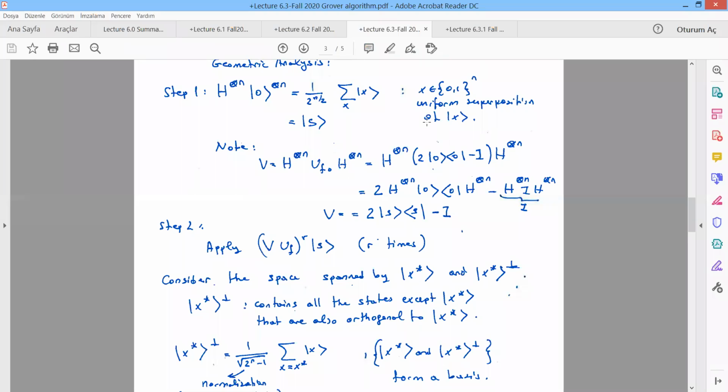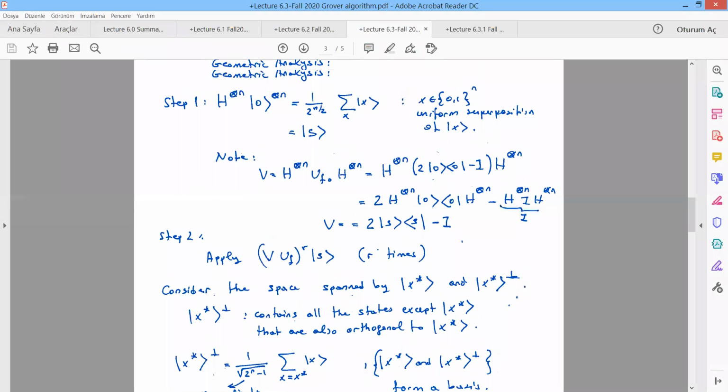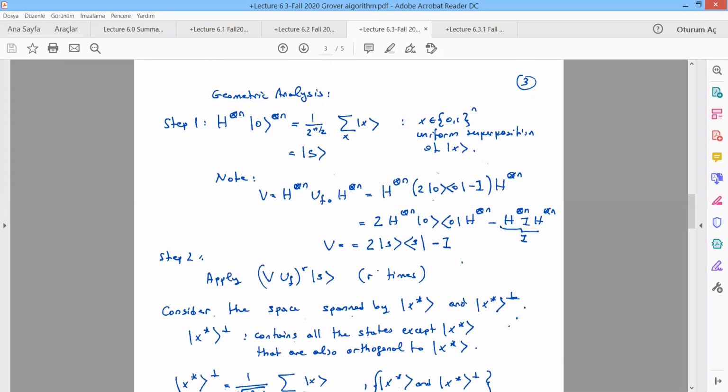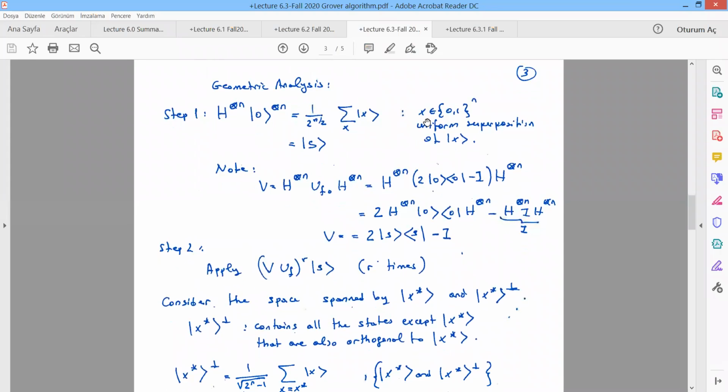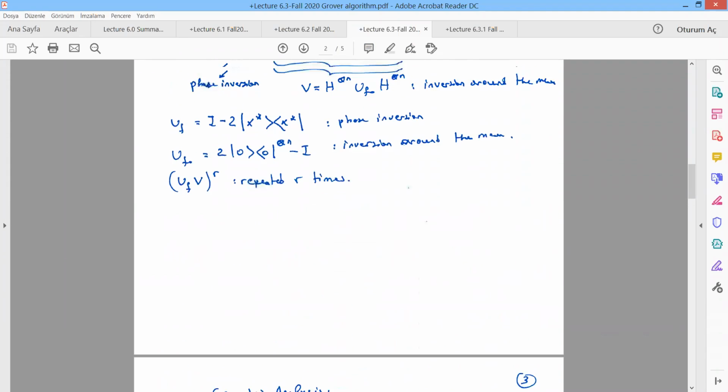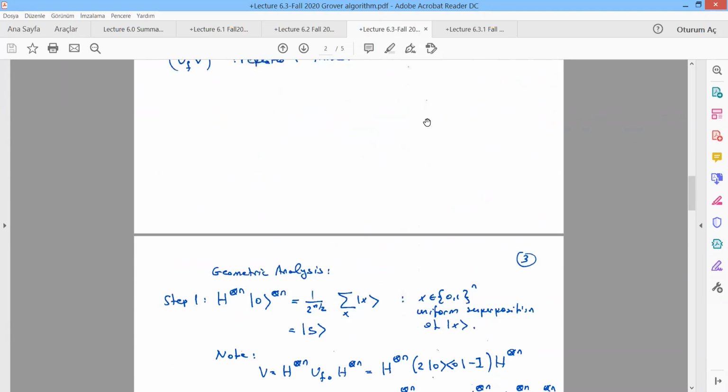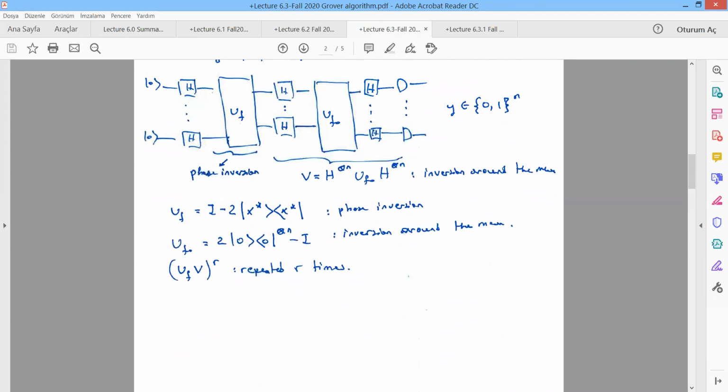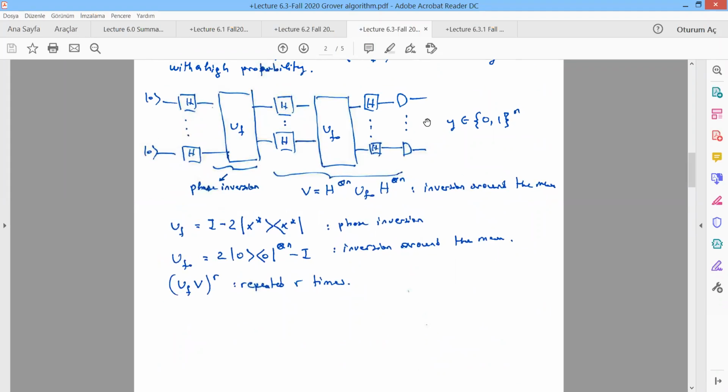So we'll continue with the proof of Shor's algorithm by going through the circuit step by step, stage by stage. Let's again consider the circuit. In the input we have the ket 0 state tensored n times, in other words, n ket 0 states.